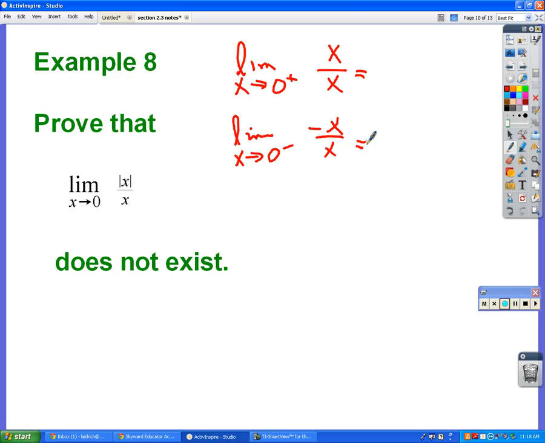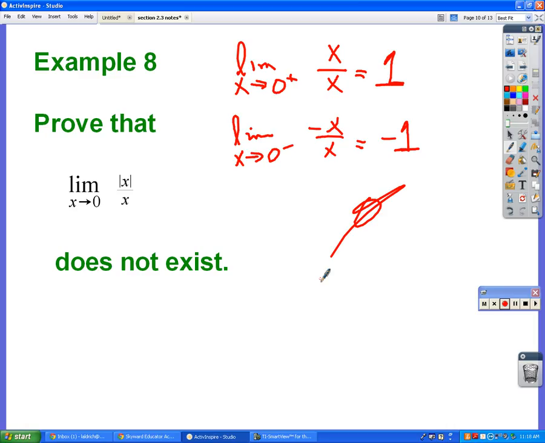Cannot plug 0 in, but what happens to these 2 x's? They cancel, give me an answer of 1. What happens to these 2? They cancel and give me an answer of negative 1. They're different, so the limit does not exist. And you could confirm that by looking at the graph of the absolute value of x over x on your calculator if you want to.